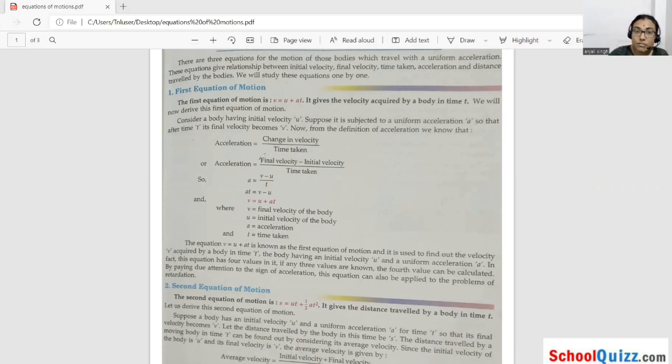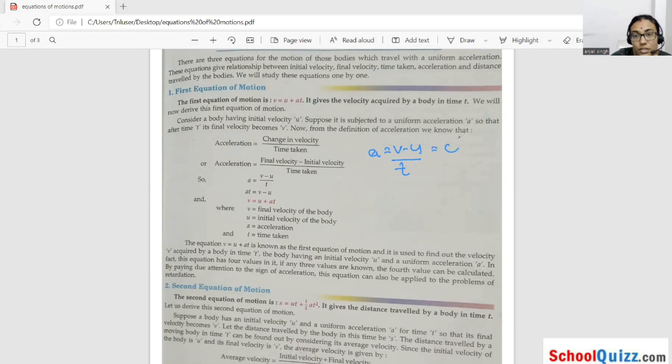It is change from initial to final, means final velocity minus initial velocity upon time taken. Clear? So a is equals to v minus u by t.